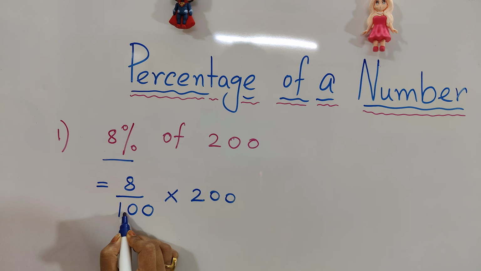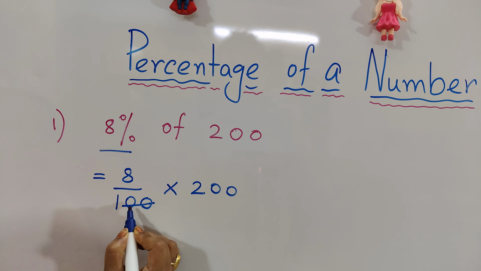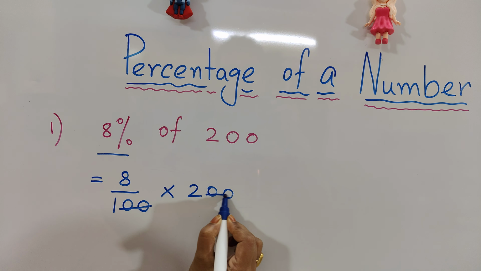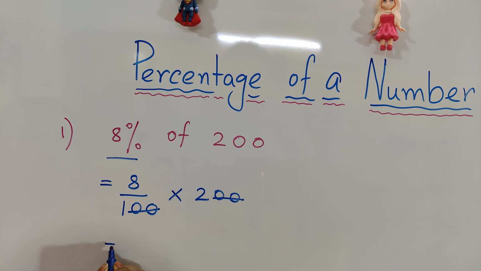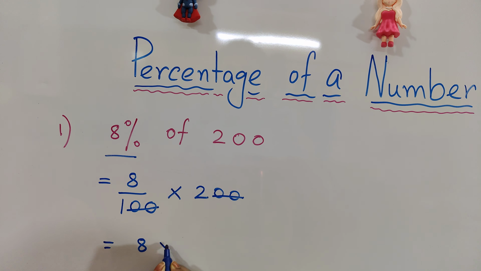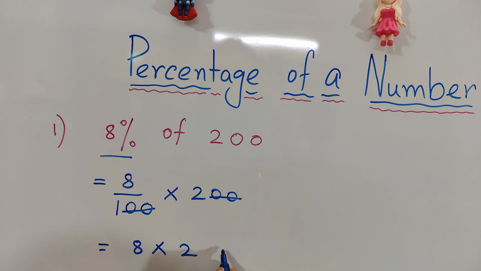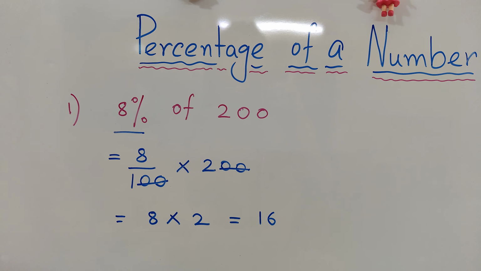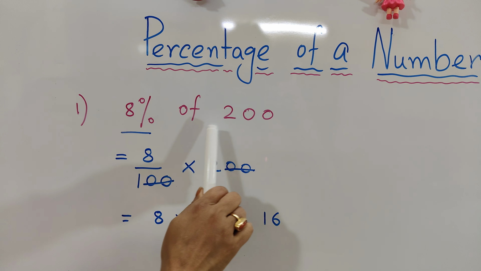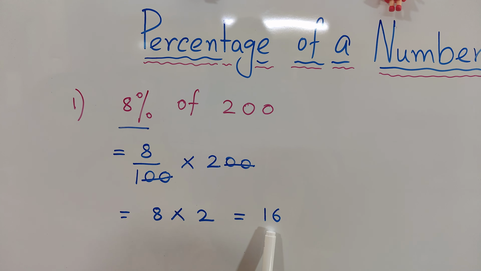Now we will cancel 2 zeros from 100 and 2 zeros from 200. So what is left? 8 times 2 is equal to 16. 8% of 200 is equal to 16.